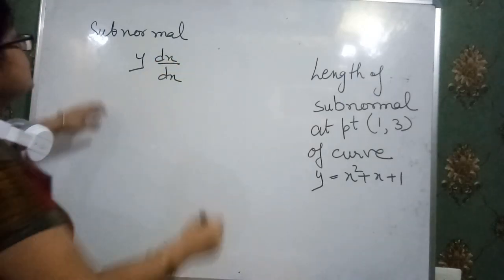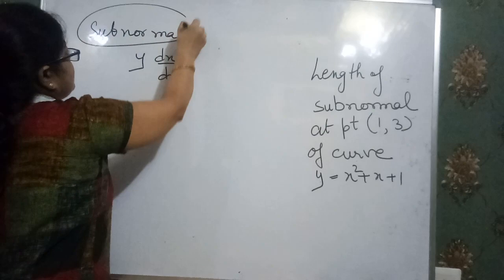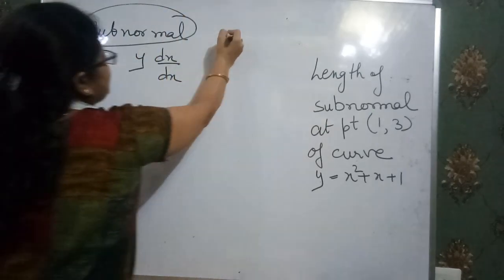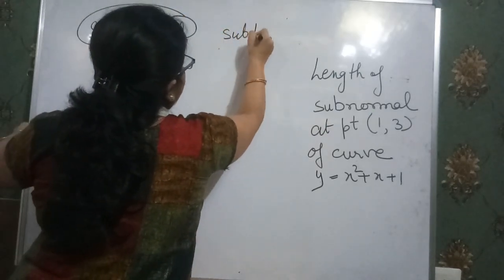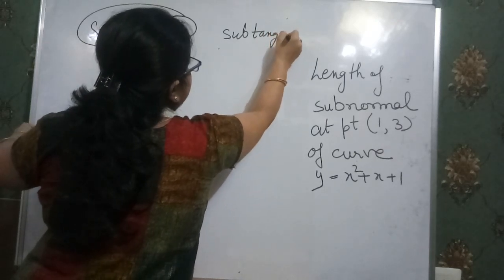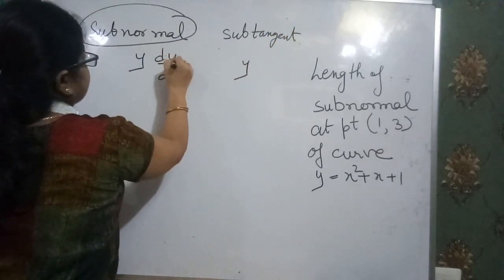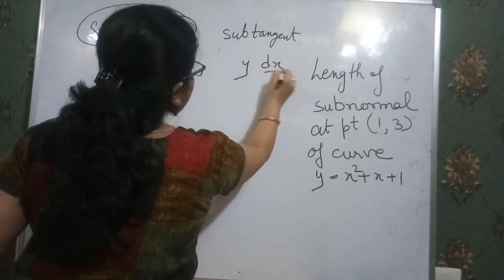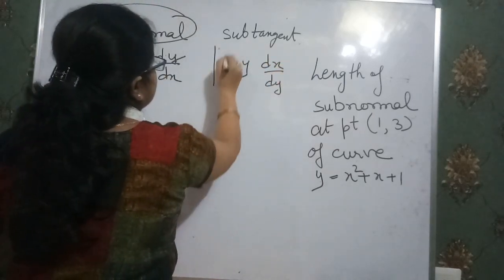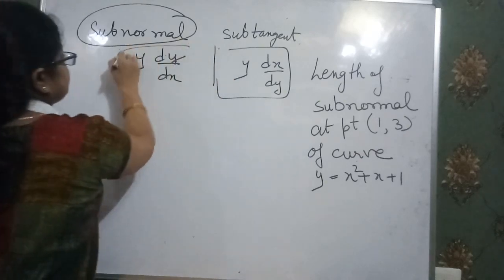Clear? So just keep in mind: subnormal is y dy by dx, and subtangent is y dx over dy. This is the difference between them.